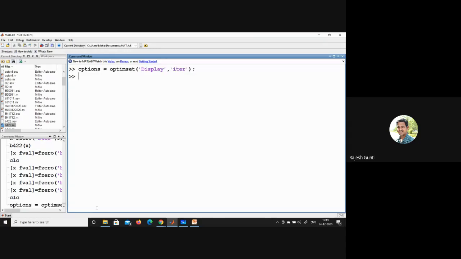These are the options. I'm not taking the F value because the initial value I want to take is 3. Then I will take minus 5 as the other value.